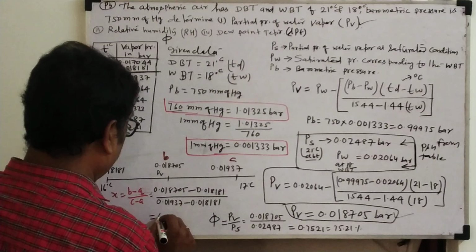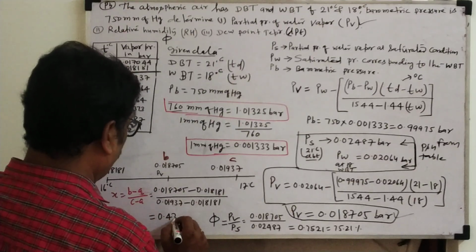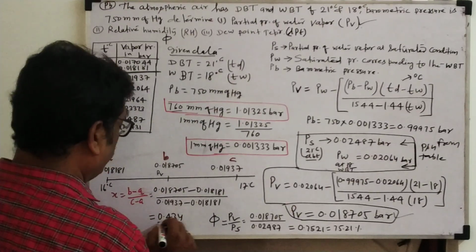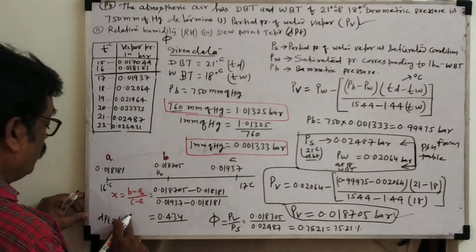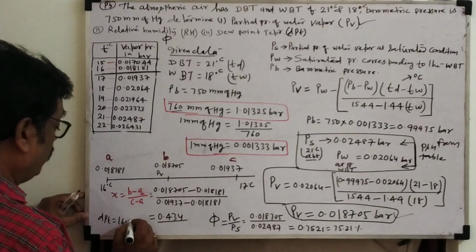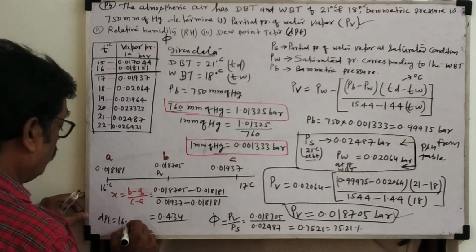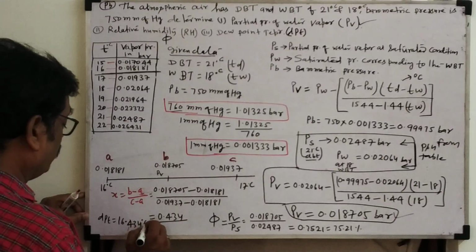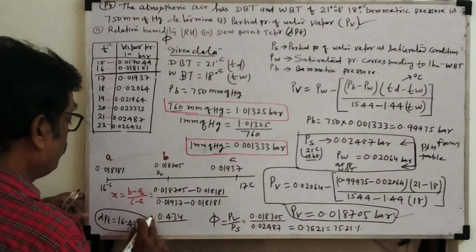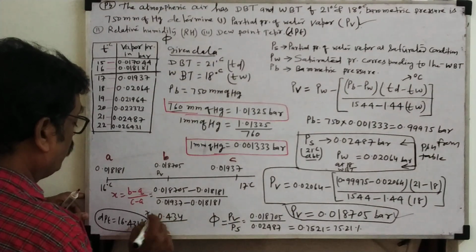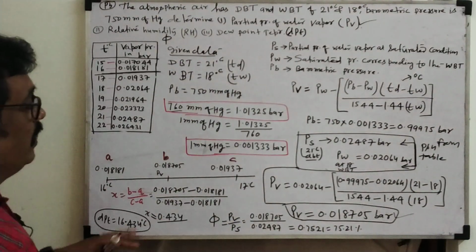If you calculate this, you will get 0.434. So the fraction value we are getting is 0.434, so 16.434 degrees Celsius. This is called the dew point temperature. This way we can calculate the dew point temperature. This is the solution.